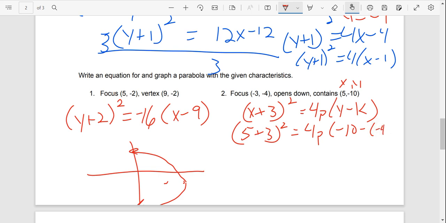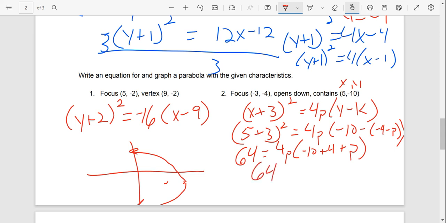And the distance from your focus to your vertex is negative p. So I'm going to subtract p from negative 4. So now I can just straight up solve for p. 5 plus 3 squared is going to be 64 equals 4p, parenthesis, negative 10 plus 4 plus p.